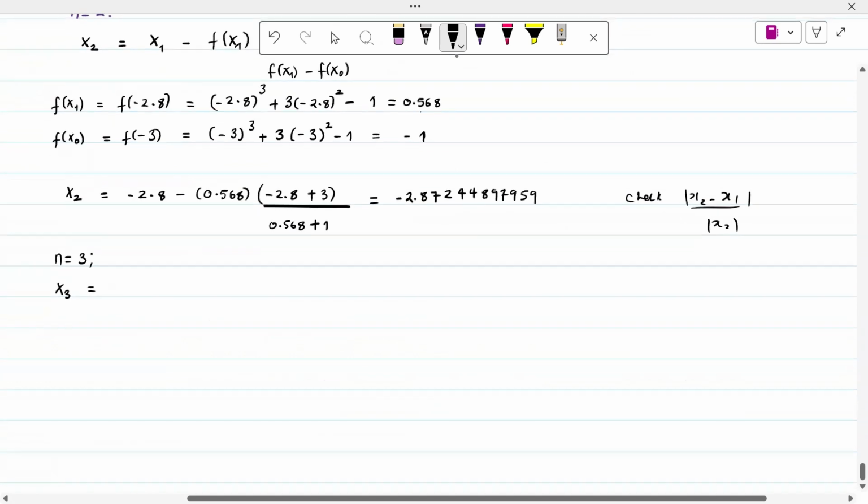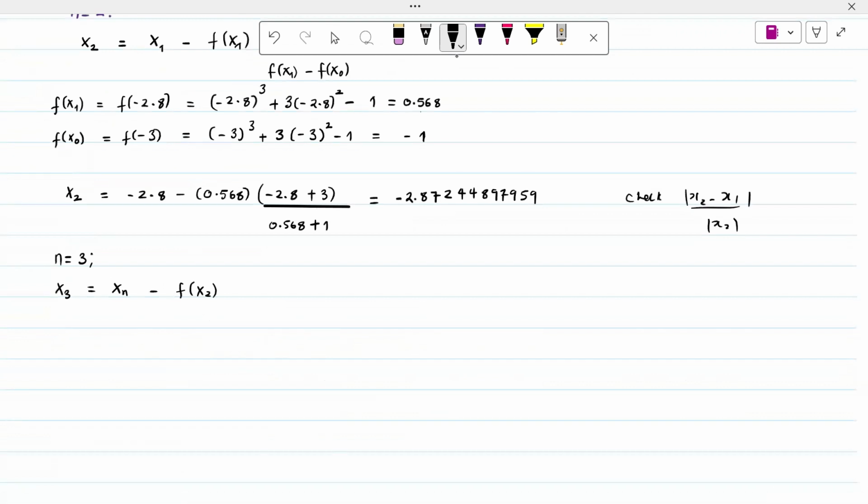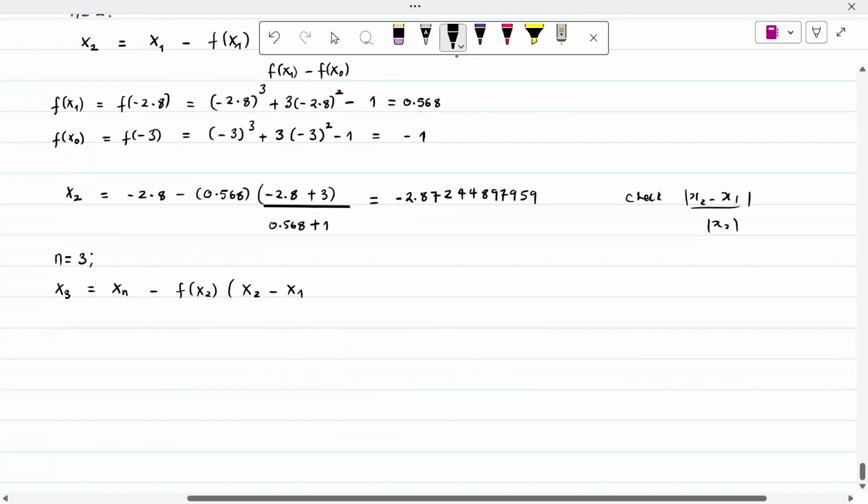So this will be x2 minus f of x2 times x2 minus x1, this time around for n equal to 3, divided by f of x2 minus f of x1.